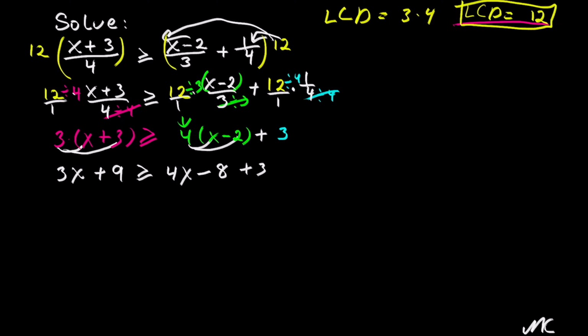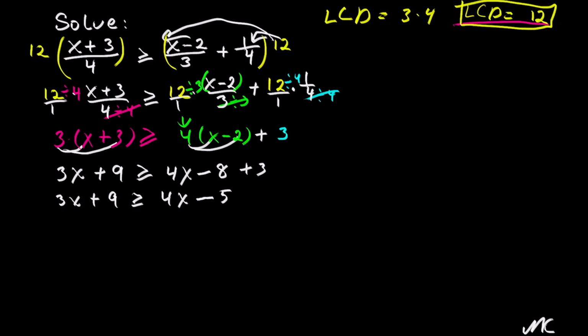You need to simplify before solving always, so let's combine like terms at the end. We have 3x plus 9 is greater than or equal to 4x, negative 8 plus 3. Different signs, we look for the difference. We have more negatives, so the difference is negative, and 8 minus 3 is 5.